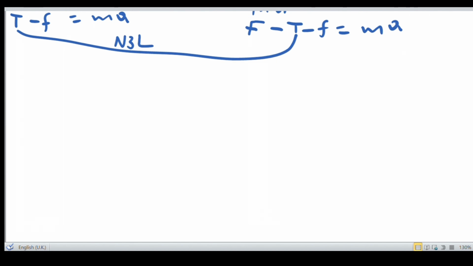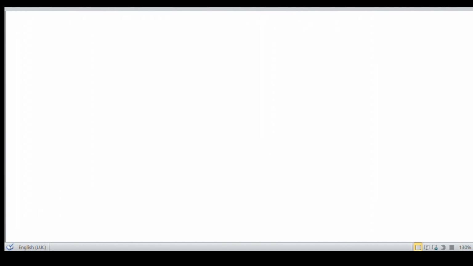We are going to draw the graphs on Newton's second law now. Newton's second law states that when a net force acts on an object, the object will accelerate in the direction of the net force, with acceleration that is directly proportional to the net force.